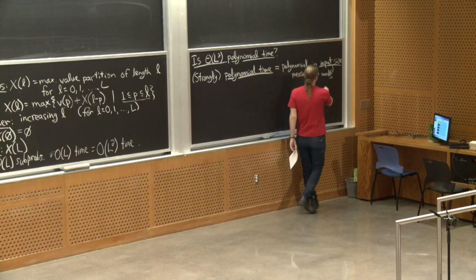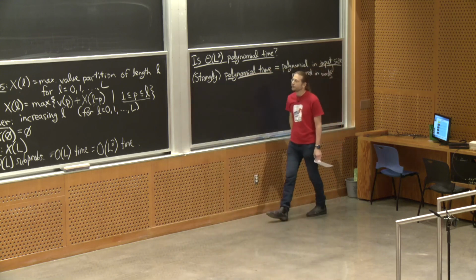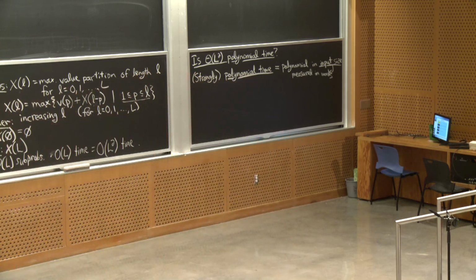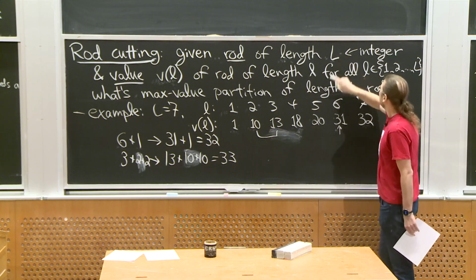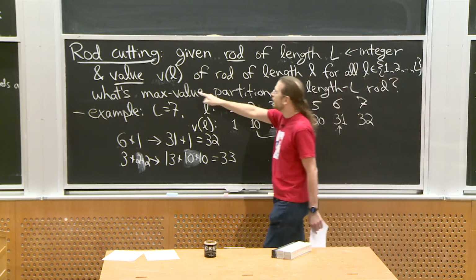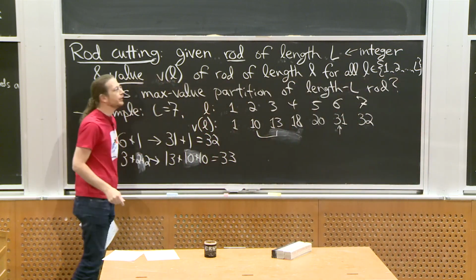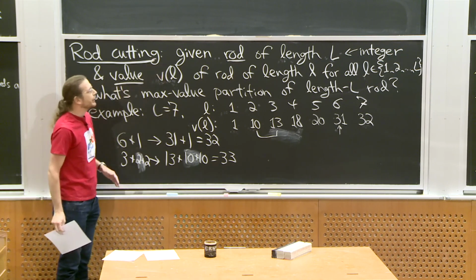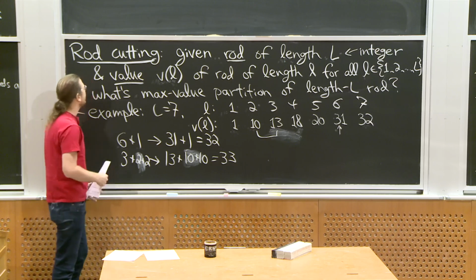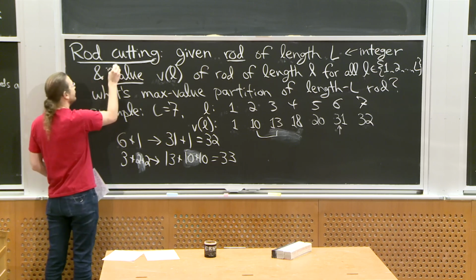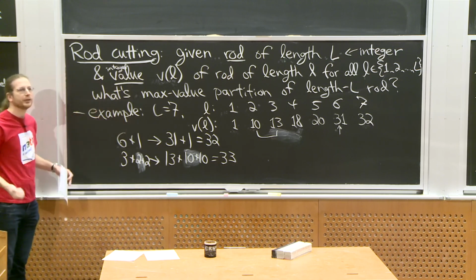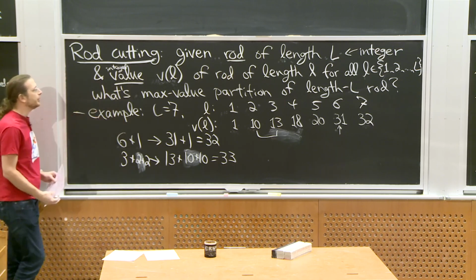And so the natural way to measure the size of an input, in this problem, rod cutting, the input is a single number L and this value array V of L, which is capital L numbers. So I would say integers. And throughout this class, we assume that all the integers, unless otherwise specified, fit in a word.